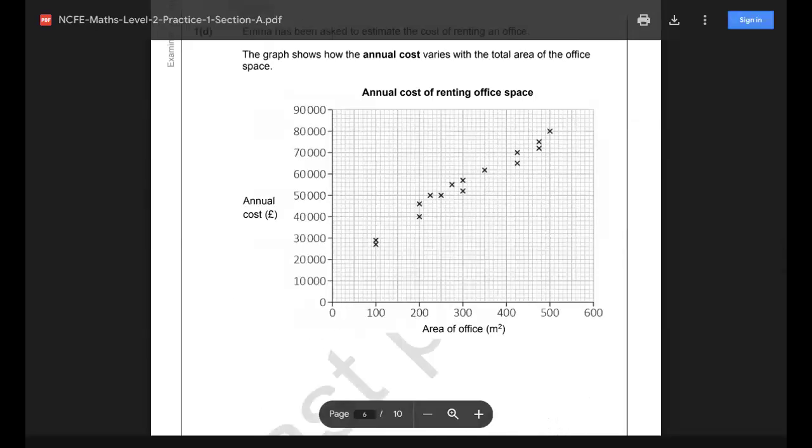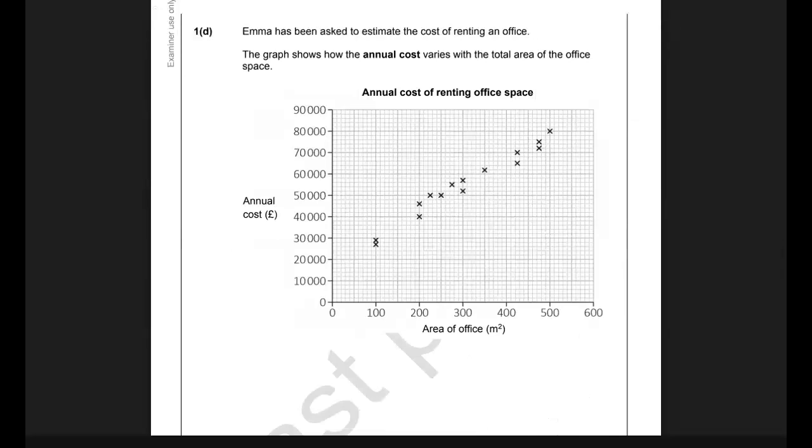Based on this, you will draw a line of best fit for 400. That's going to be 60.